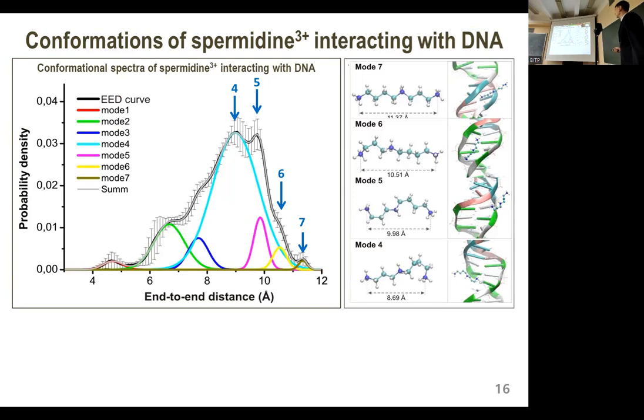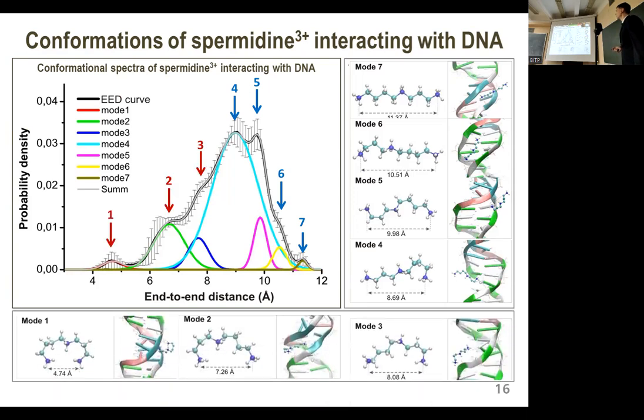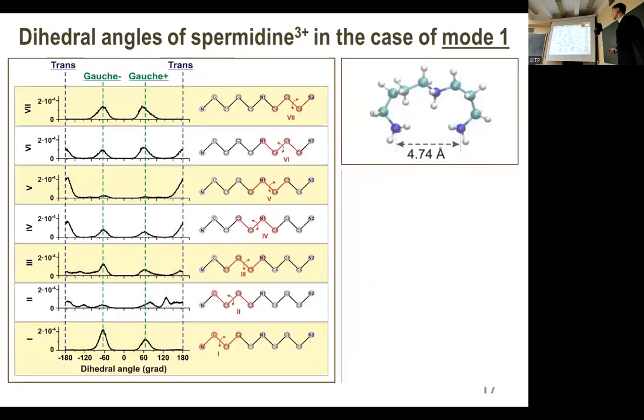So we can see this directly from our simulations. And also there are bent conformations, mode 1, mode 2, mode 3, where polyamine is essentially bent. And this conformation is stabilized by DNA. So it binds to DNA, and only in the presence of DNA molecule, this conformation appears.